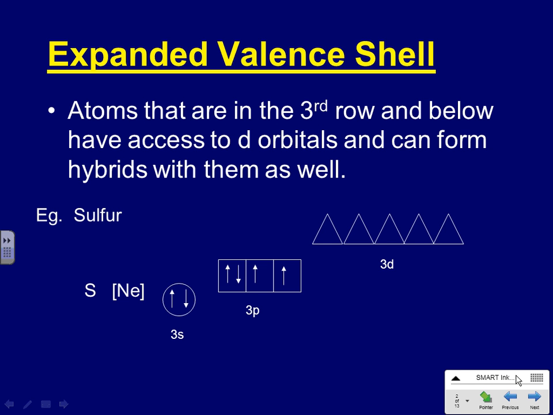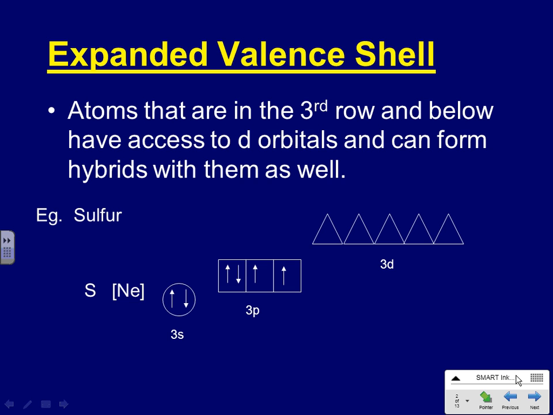Atoms in the 3rd row and below have access to d orbitals and can form hybrids with them as well. 2 lessons ago, when I introduced you to hybridization theory, one of the important aspects of hybridization theory is that when you add the orbitals together to form your hybrid orbitals, those subshells must be from the same energy level.